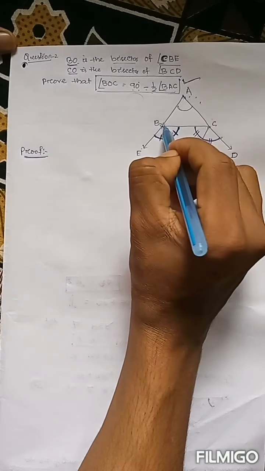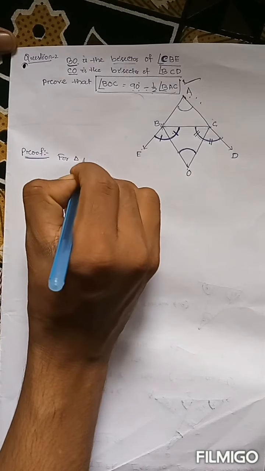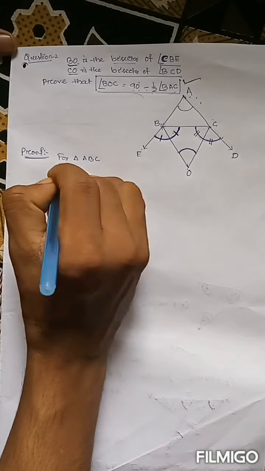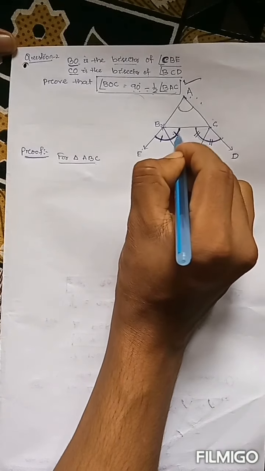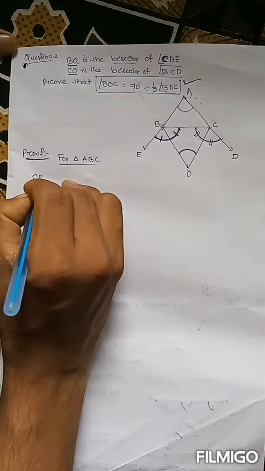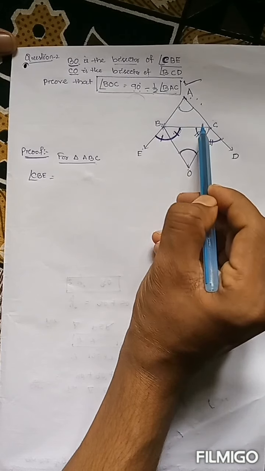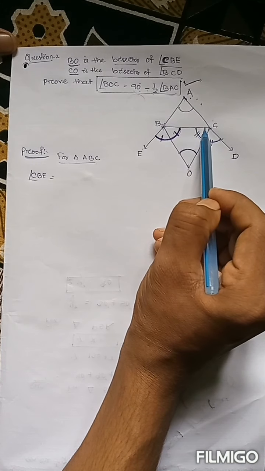First, if we consider ABC as a triangle, then for triangle ABC this angle CBE is its exterior angle. And we know the exterior angle is equal to the sum of two interior opposite angles according to theorem 6.8.